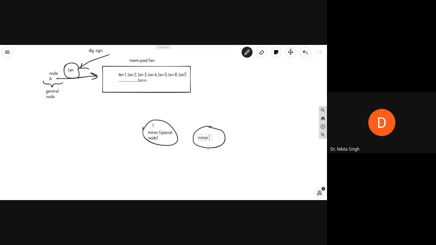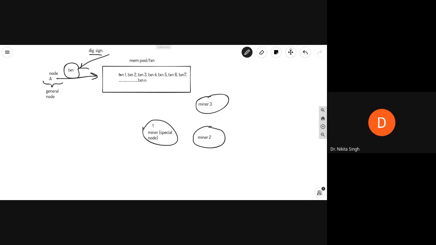We can have miner 2, and another miner known as miner 3. So there will be multiple miner nodes on our Bitcoin blockchain network, and we will have several 100,000 general nodes on the network. General nodes create a transaction, and their transaction is verified using their digital signature, and then it is added to the transaction pool.